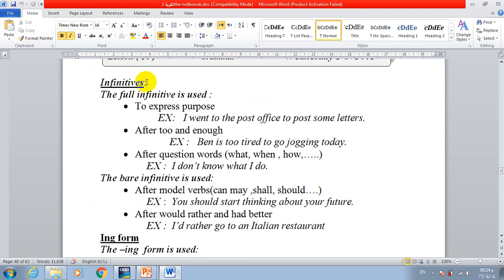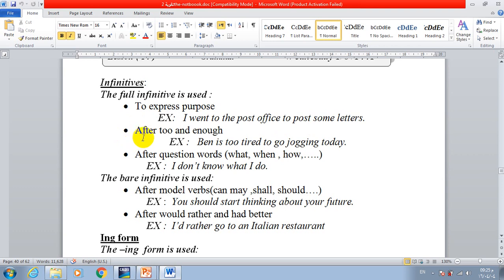The full infinitive is used to express purpose. Like you see in the example, I went to the post office, but why? To post some letters. Here we put the infinitive post after to, to express the purpose.